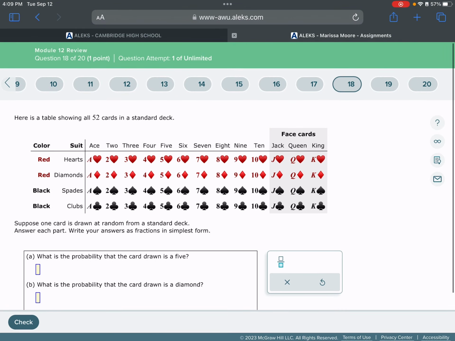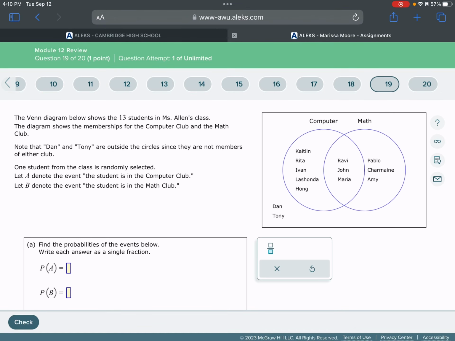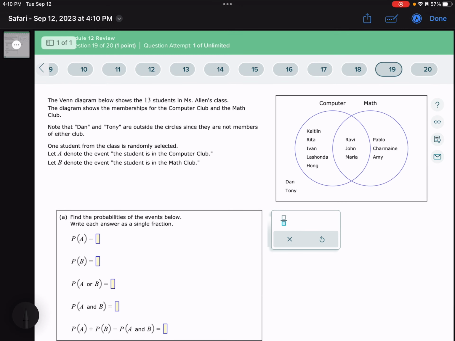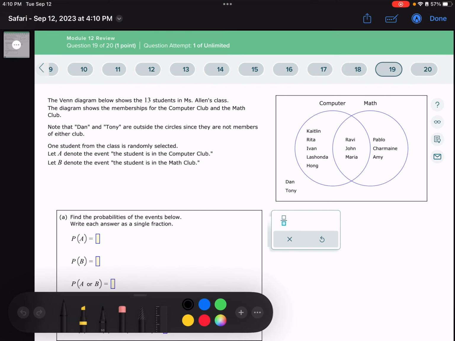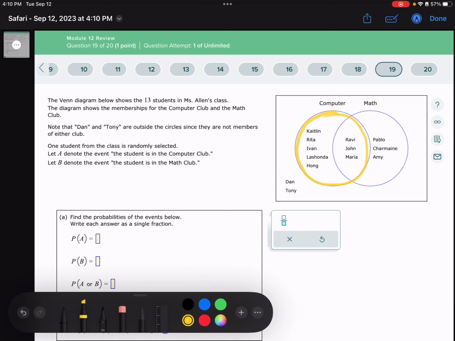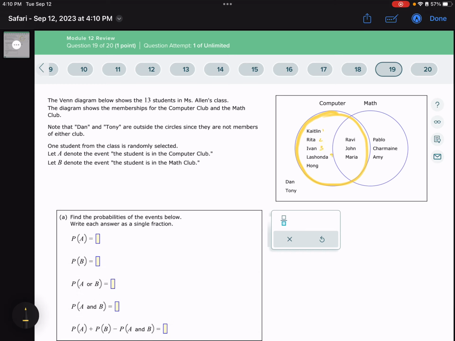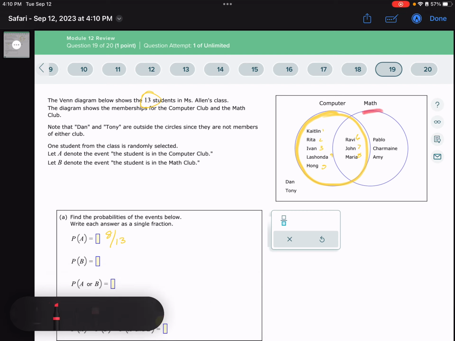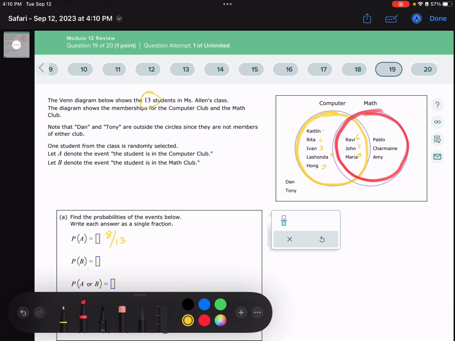Number 19. Almost done. All right, number 19. We want the probability of circle A, which is this circle here. And there are 1, 2, 3, 4, 5, 6, 7, 8 out of my 13 students. Probability for B is the other circle, and it's the entire circle.